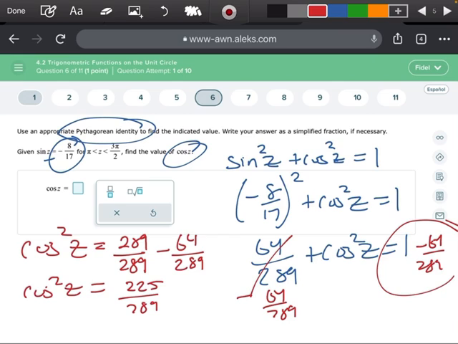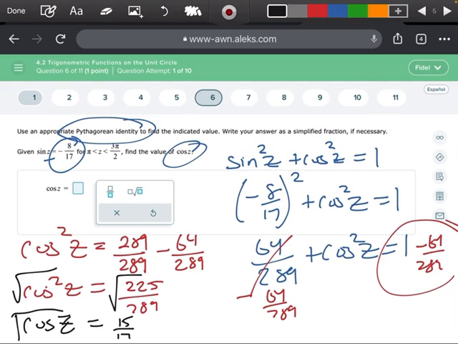And now to find cosine, we're going to take the square root on both sides. So now we have cosine of z is equal to, the square root of 225 is 15, the square root of 289 is 17. Okay, so normally at this point we'd say, okay, look, we're done. We have the answer. Cosine of z is equal to 15 over 17.